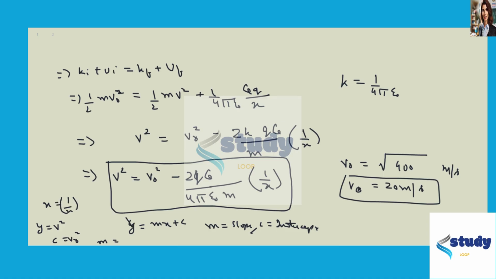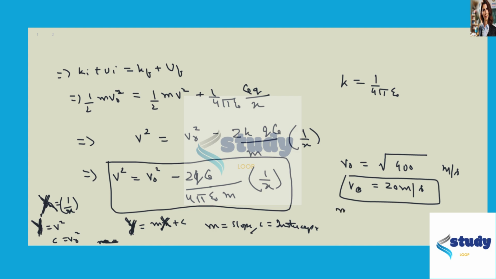Or you can say that this is capital Y and this is capital X. So let me write it again so that you don't confuse between x and capital X. So your slope is this factor. Let me write it here.